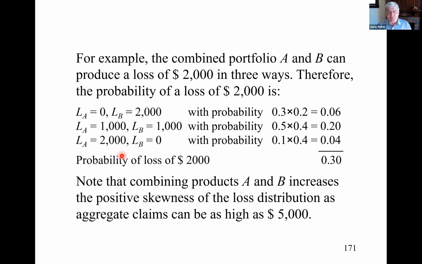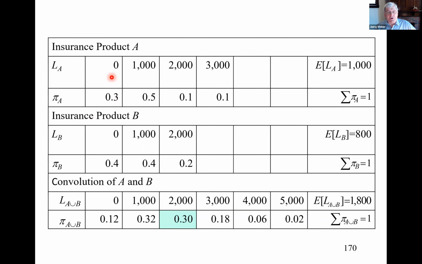So the probability of a loss of 2000 is 30%, because the loss of 2000 can happen in three ways: product A no loss, product B 2000, or A 1000, B 1000, or A 2000 and B no loss.